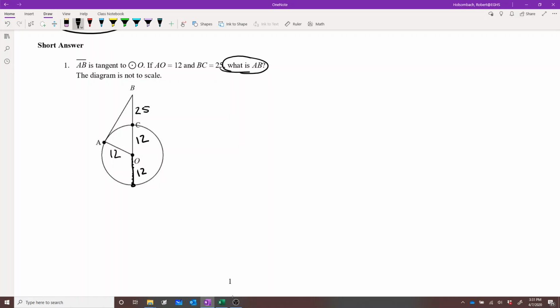So our tangent squared is equal to this entire segment, the entire secant, which is 25 plus 12. I'm sorry, it's 25 plus 12 plus 12. So that's 25 plus 24 times the outside portion of the secant, which is 25.